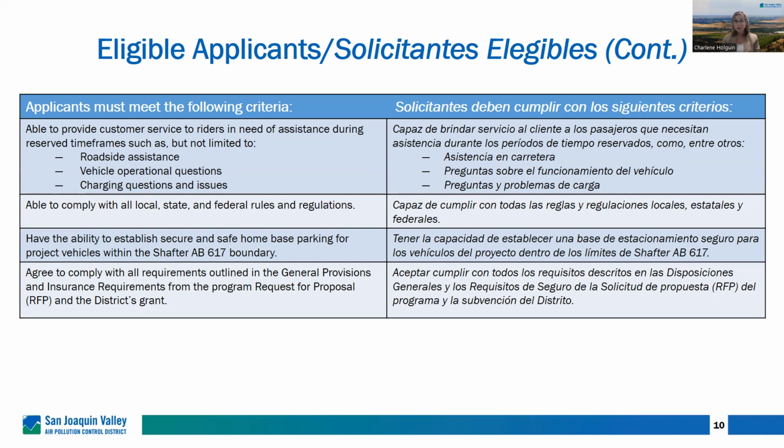Applicants must comply with all local, state, and federal rules and regulations, have the ability to establish a secure web-based safe parking environment within the Shafter AB 617 boundary, and agree to apply to all requirements and general provisions with this RFP.